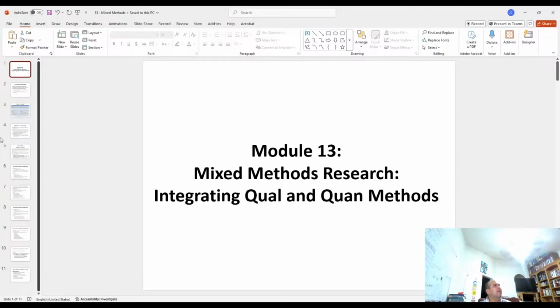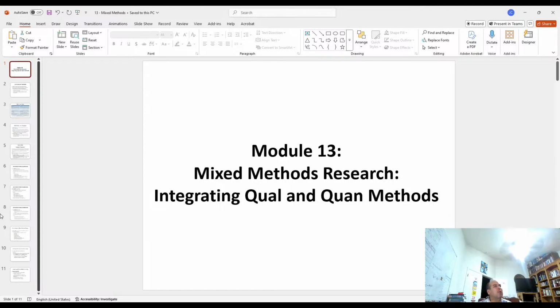Okay, mixed methods. Mixed methods research. This is really, well, it's not a method, it's a combination of methods. Throughout class, we've been studying quantitative methods and qualitative methods. Well, usually, especially when you get to the doctoral level, you usually specialize in one or the other. More and more now, people are specializing in both now.